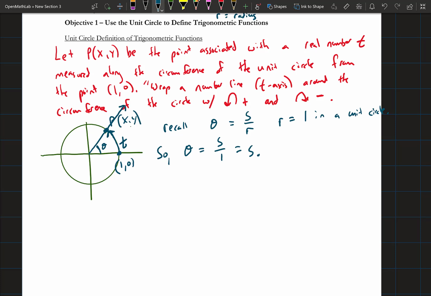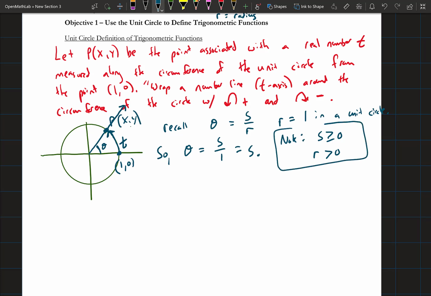So just some things to note is that arc length should be greater than or equal to 0. It's a distance. Same with radius. Radius is a distance. So the radius should actually be greater than 0, because if r was equal to 0, then we wouldn't have a circle.